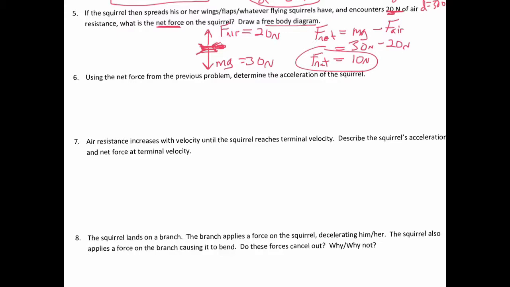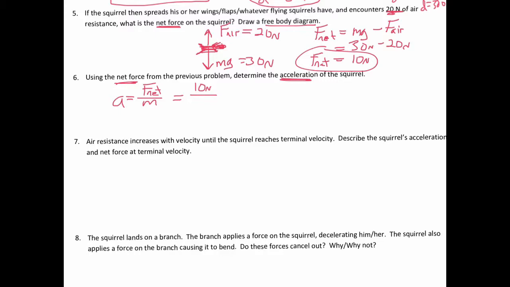Bingo. Alright, so using that net force for number 6, determine the acceleration of the squirrel. Acceleration and net force, one more piece of the puzzle we need, which is the mass on the bottom. That's our second law. So, to get the acceleration, our net force we said was 10 newtons, from the previous problem.